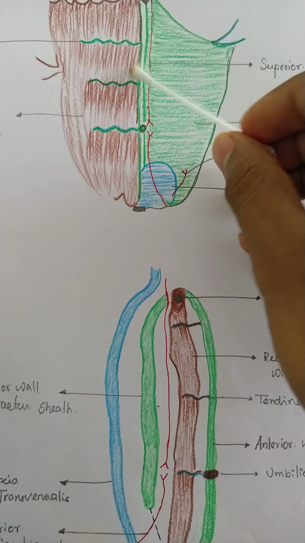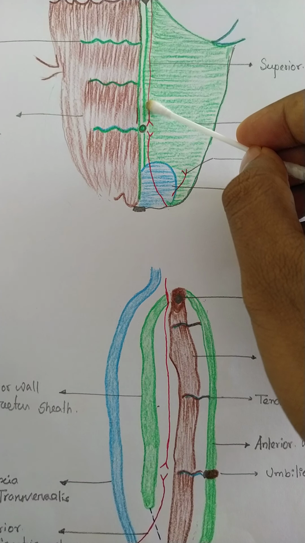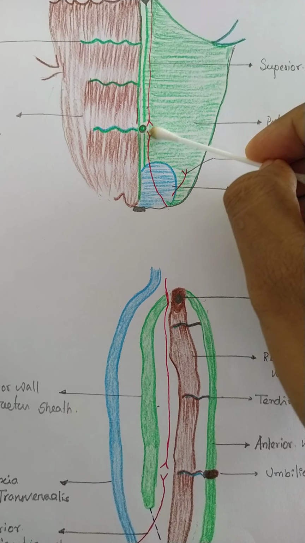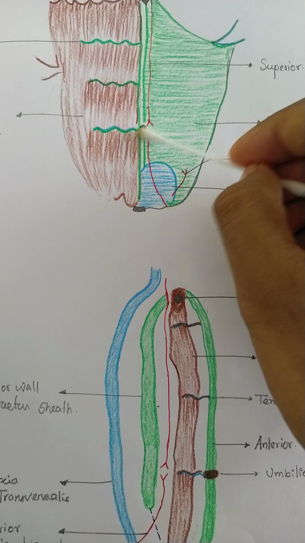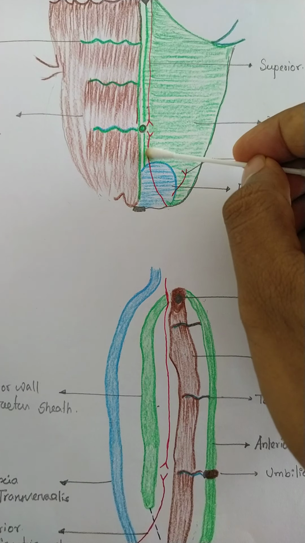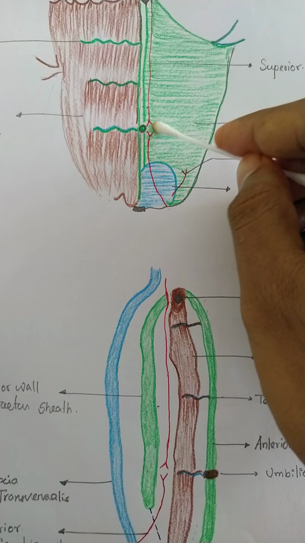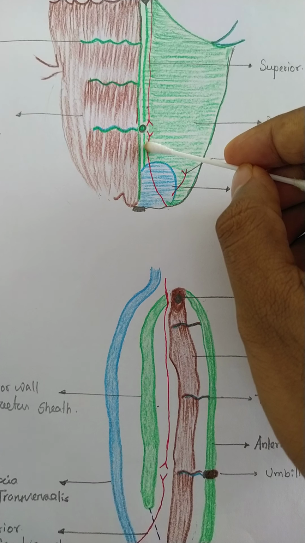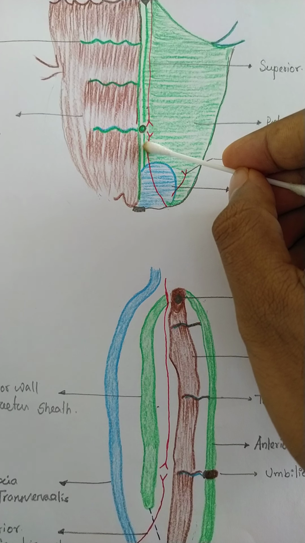So these two arteries are reunited under the umbilicus. So in which layer is the inferior epigastric artery present? It is sometimes asked. Okay, the inferior epigastric artery is present just below the rectus abdominis muscle.